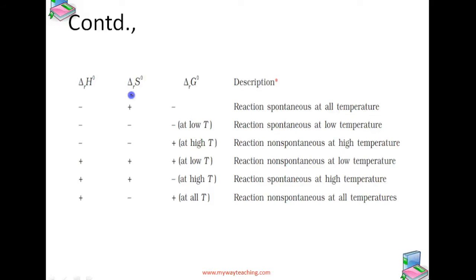Next problem. At 60 degrees Celsius, dinitrogen tetroxide is 50% dissociated. Calculate the standard free energy change at this temperature and at 1 atmosphere.